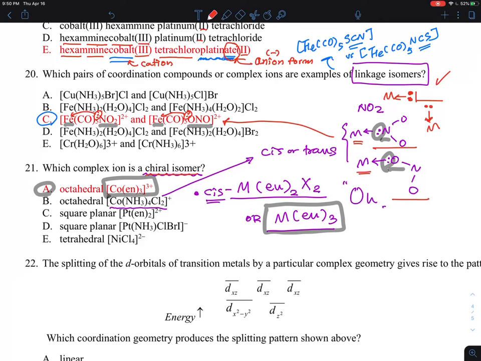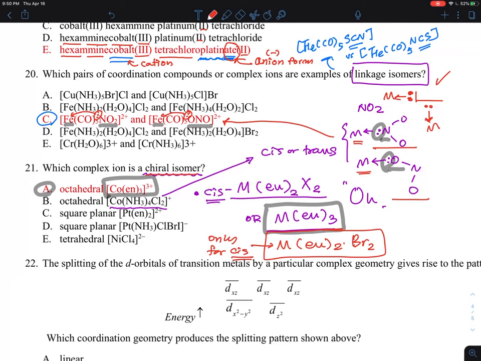Number 21 is a chiral isomer, and I discussed this one before in part B2, with an example of M(en)3, or the metal with en2 with, let's say, bromine 2 or chlorine 2. This is actually not always, only for cis.